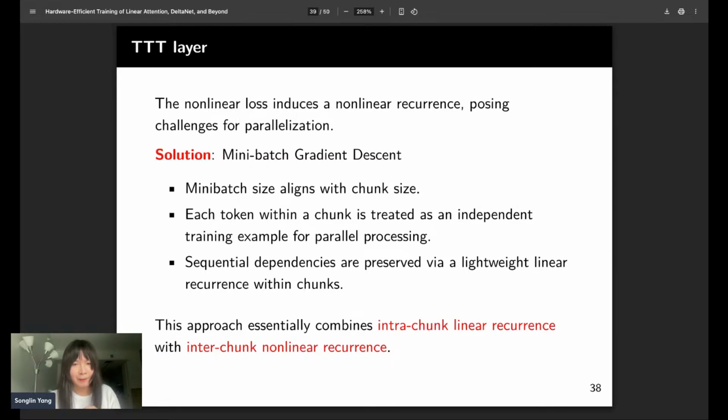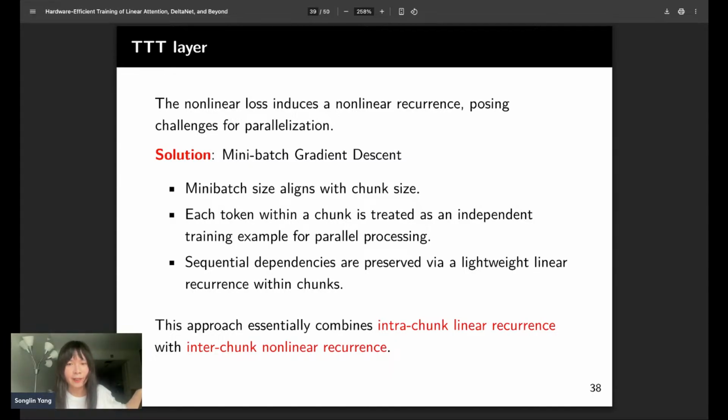And by doing so, we can process multiple tokens at once. However, we lose the sequential dependency for tokens within the same chunk, because each token within the chunk is treated as an independent training example. To work around this problem, they also come up with a hybrid strategy.